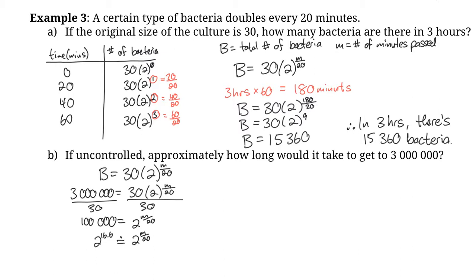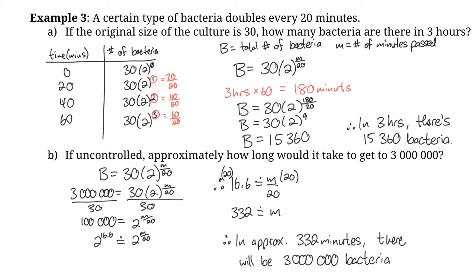So since our bases are the same, this means that our exponents are approximately equal. And then we need to just solve for m here. So we're multiplying by 20 to get that out of our denominator. And when we do that, we'll just get that m is approximately 332. So in approximately 332 minutes, the bacteria will get to 3 million.